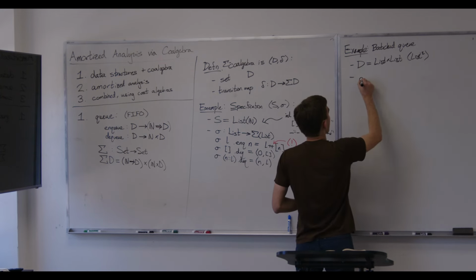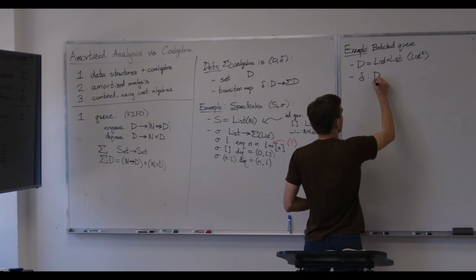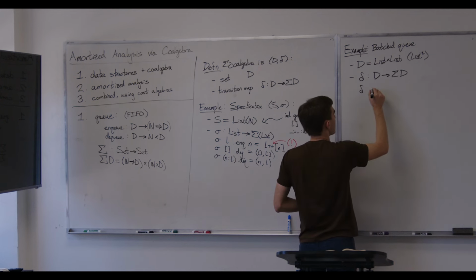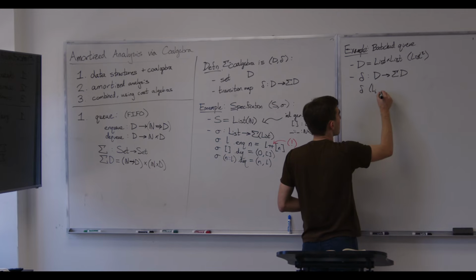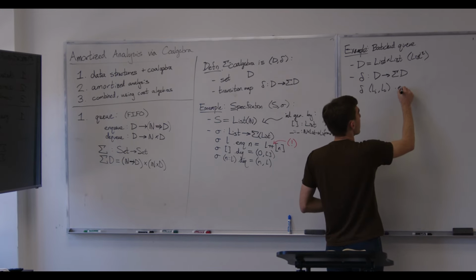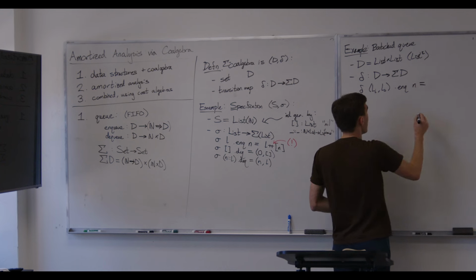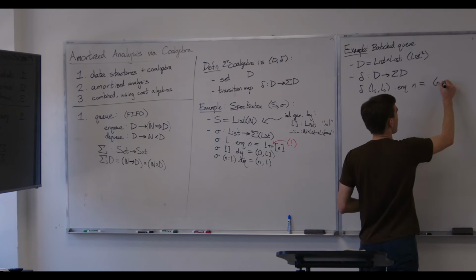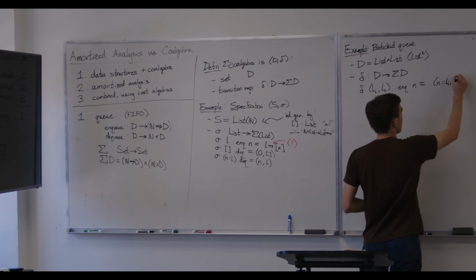So I'm hopefully going to implement delta, which goes from D to sigma of D, and delta of list inbox and list outbox dot NQ n is going to be really easy. It's amazingly easy. I'm just going to put n on the front of the inbox and leave the outbox alone.